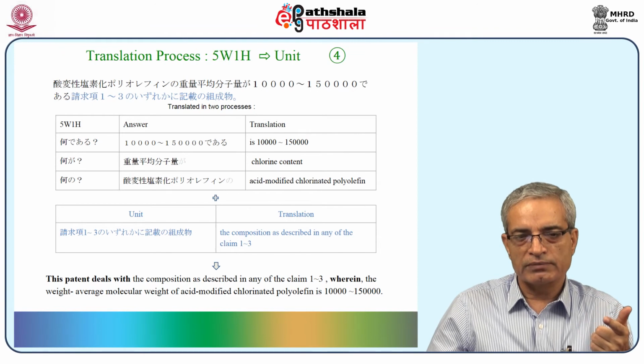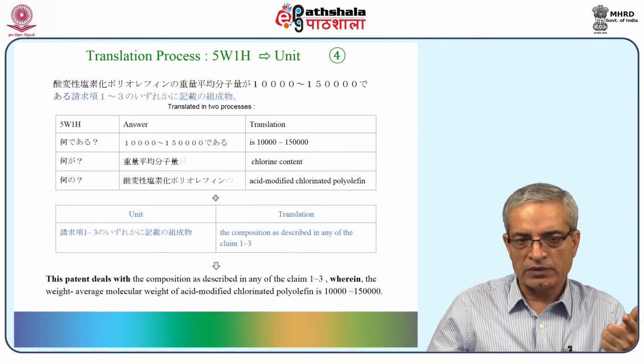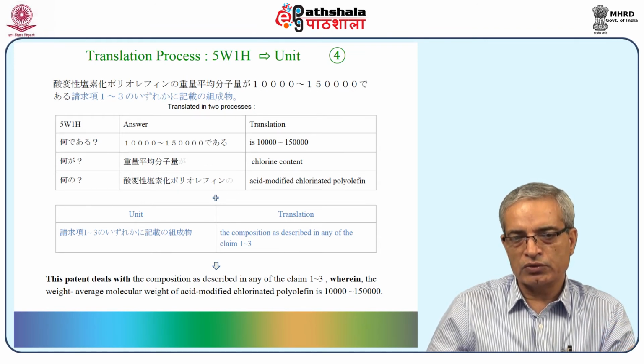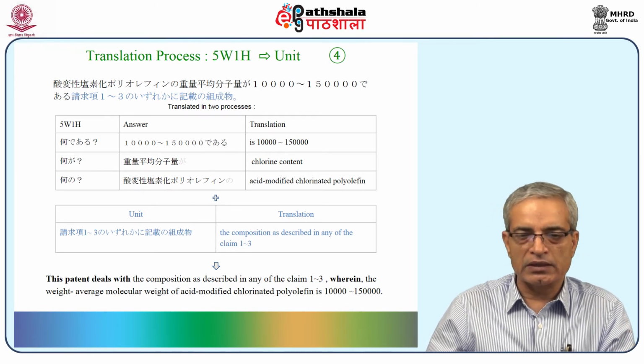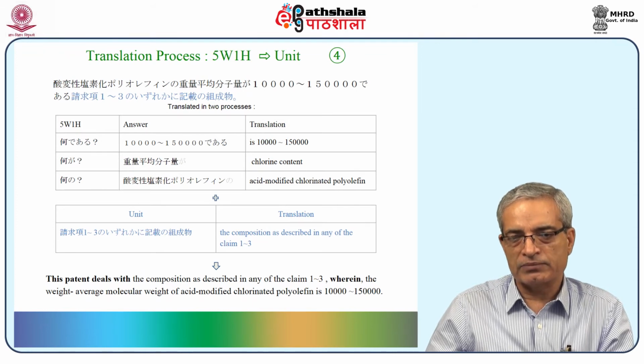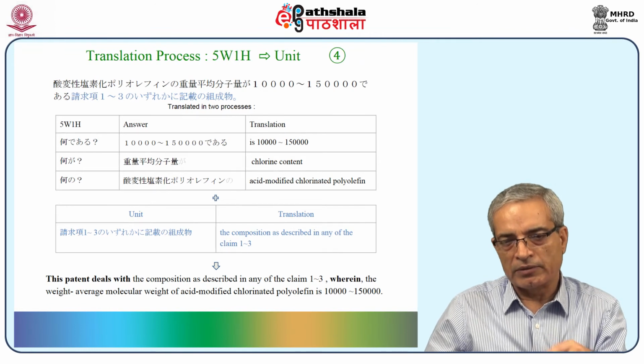Let's go for the unit, and unit is almost same. Seikyu ko ichi naishi san no izure ka ni kisai no sosebutsu, and that gets translated as the composition as described in any of the claims 1 to 3. So claim S is missing here.